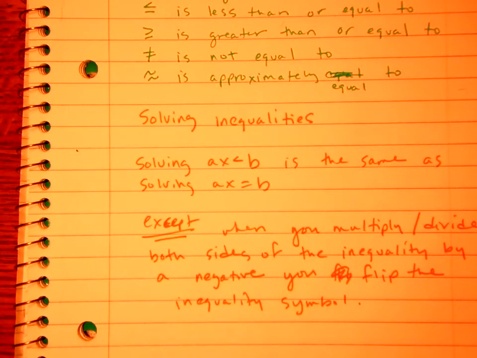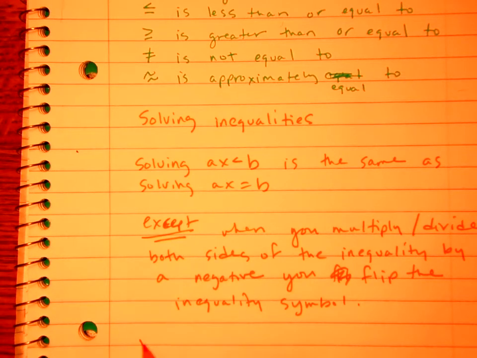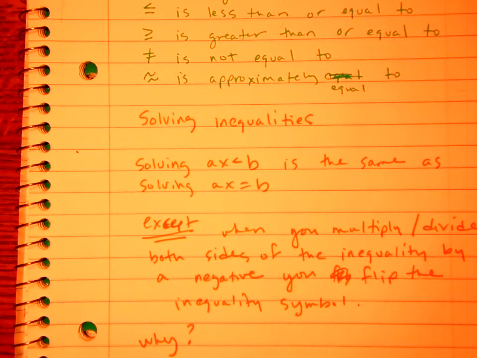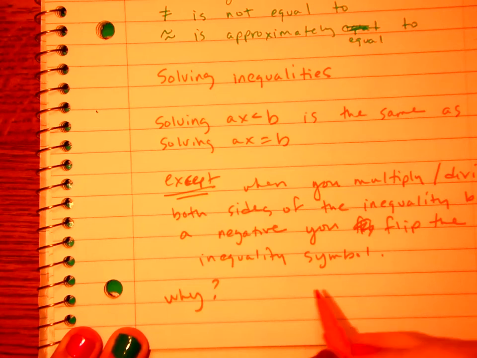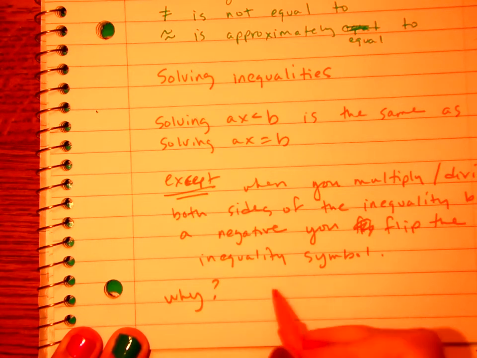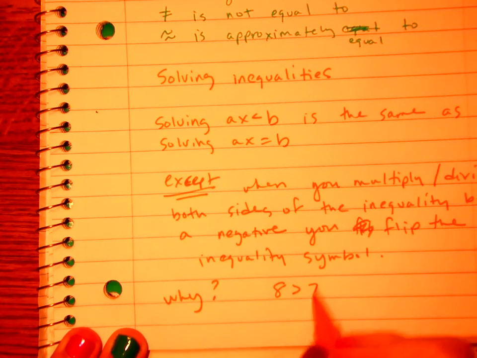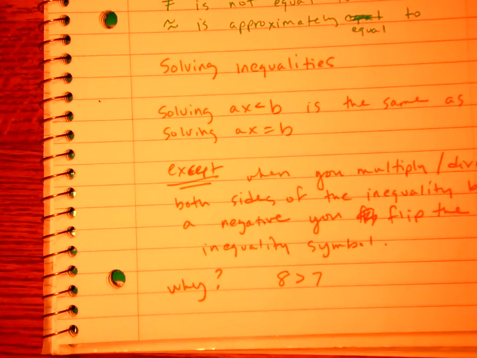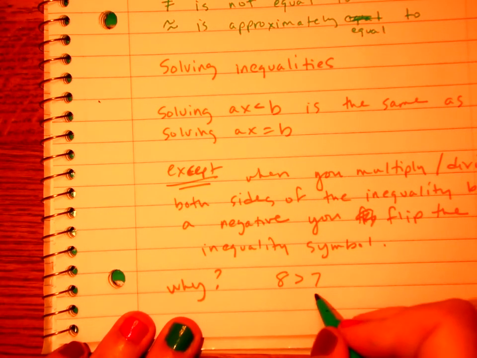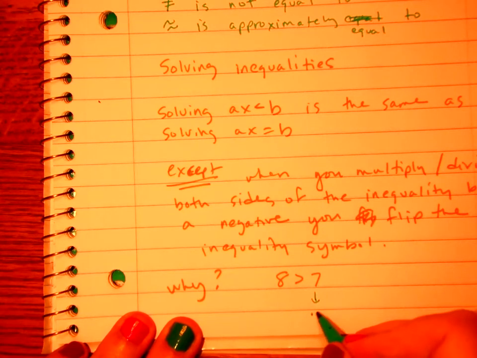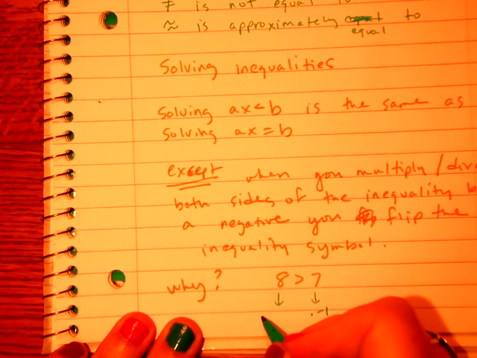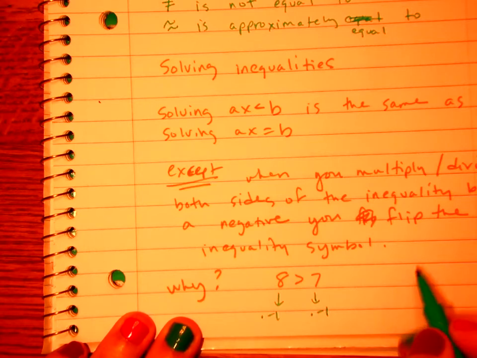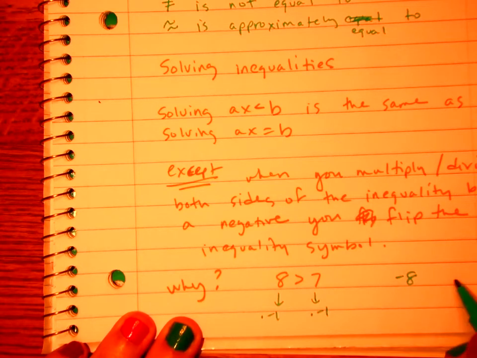All right. And why do you do that? Really quickly, if you think about it this way: if I say 8 is greater than 7, and let's say I multiply both of those by a negative. So if I take 8 and multiply it by -1, and the 7 and multiply it by -1, then I would have -8 and -7, right?